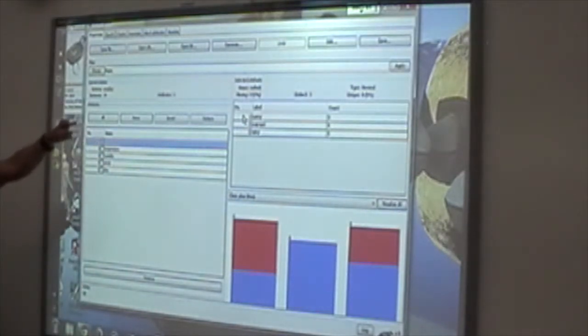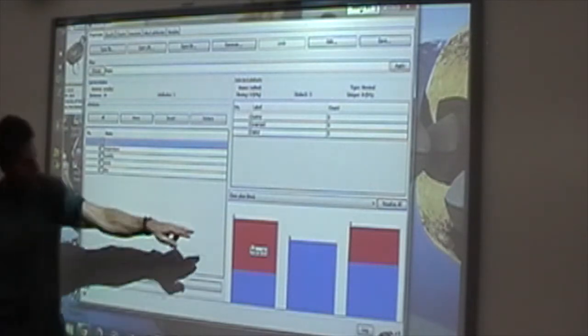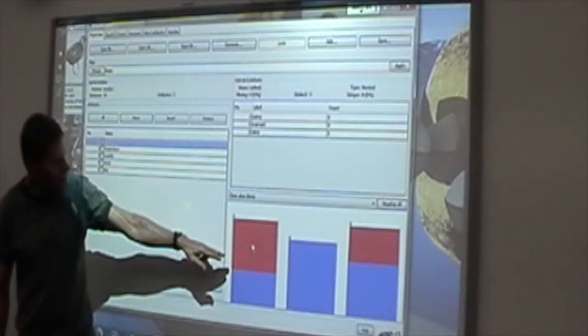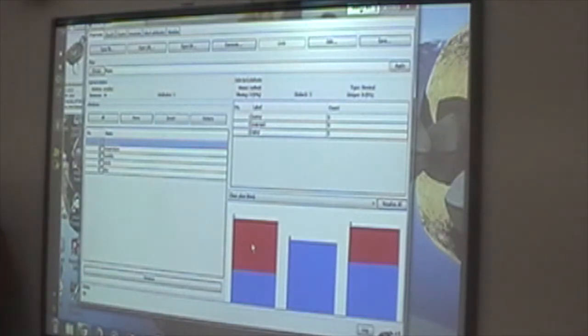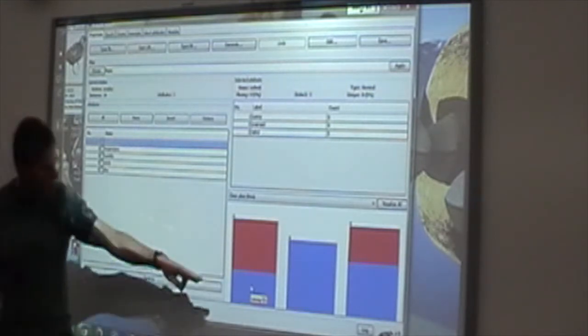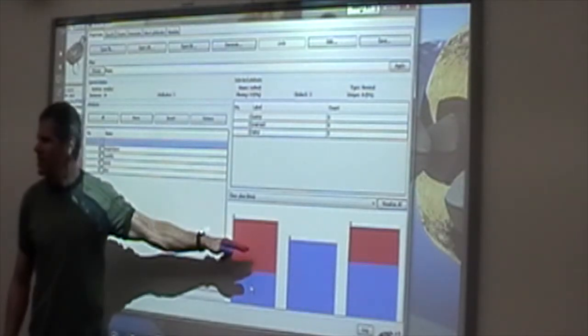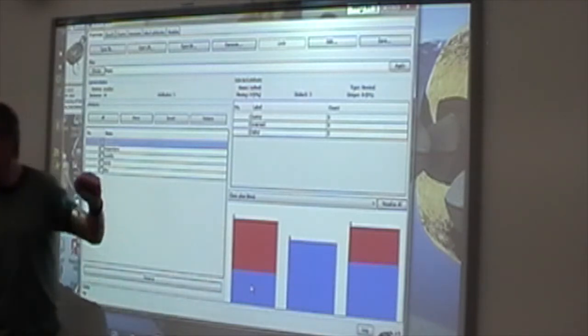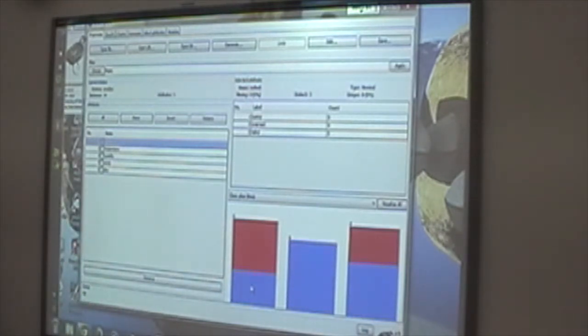We've got sunny, overcast, and rainy. And what you notice down here is on the leftmost rectangle, you've got the 5, so I believe the blue is yes, you decide to play, and the red is no, you decide not to play.